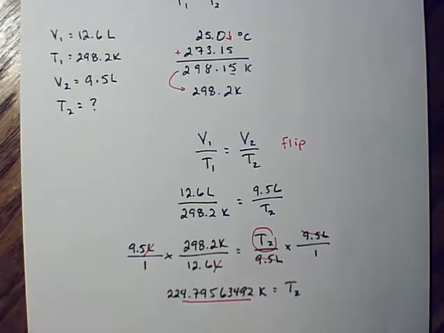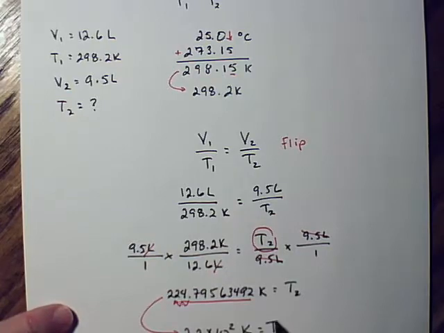And anytime you're getting rid of a digit in the ones place, you're supposed to write the answer in scientific notation. So we're going to move our decimal place 2 places, and then we're going to write this as 2.2 times 10 squared Kelvin equals T2. Okay?